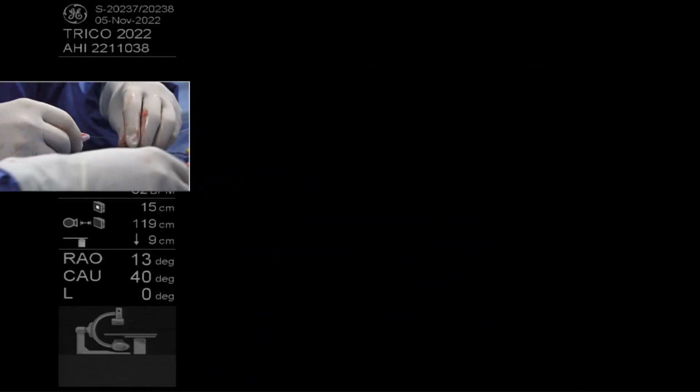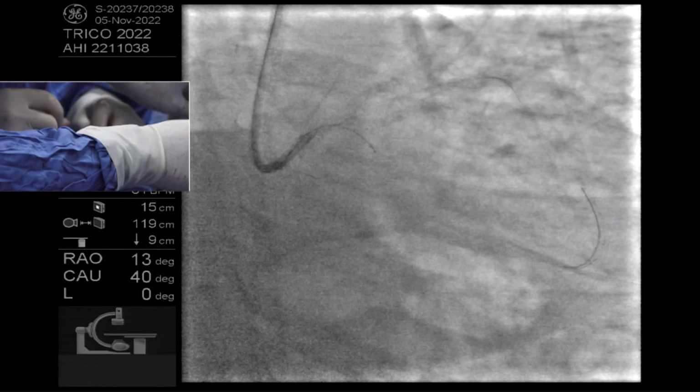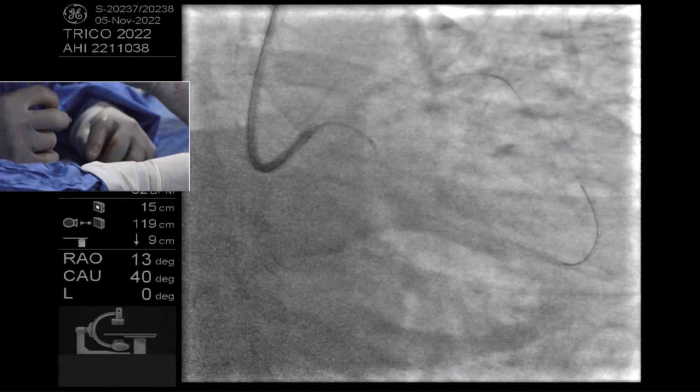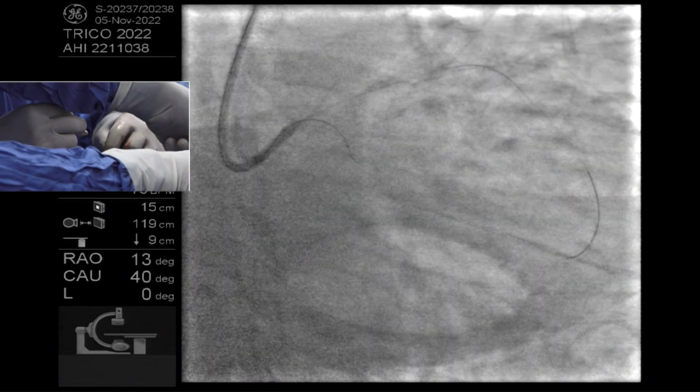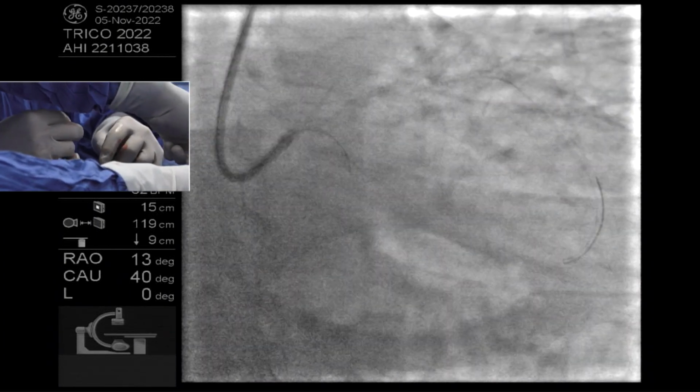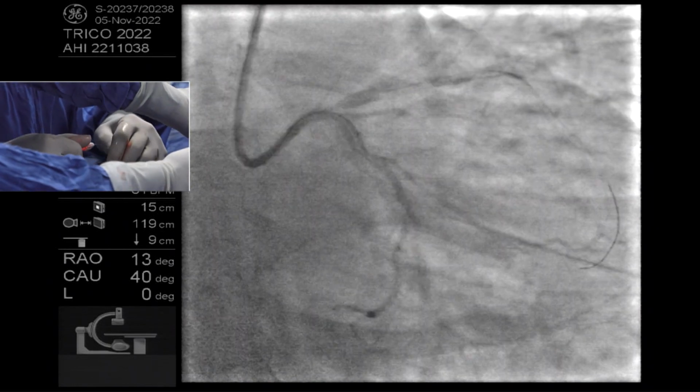I think the approach that Dr. Saito has now is perfect, because you could see that he advanced the microcatheter over the first bend. So with the Gaia First, hopefully this will work.